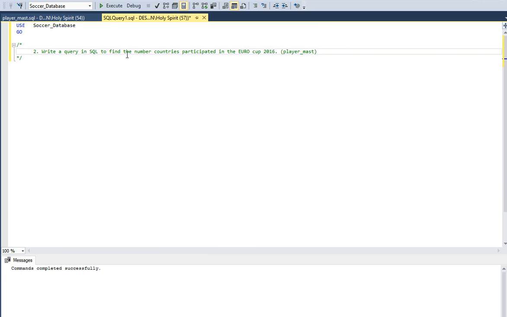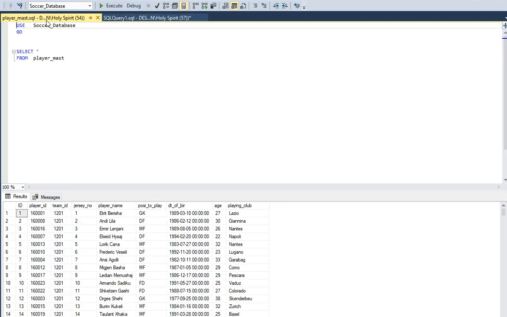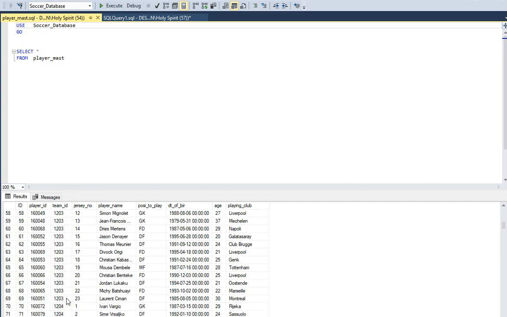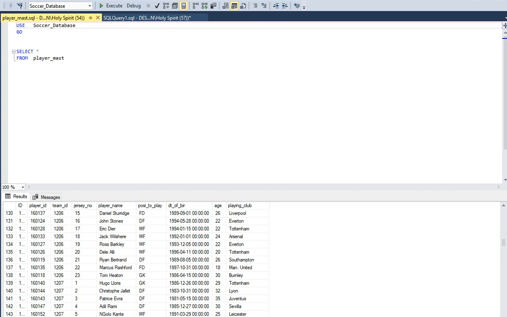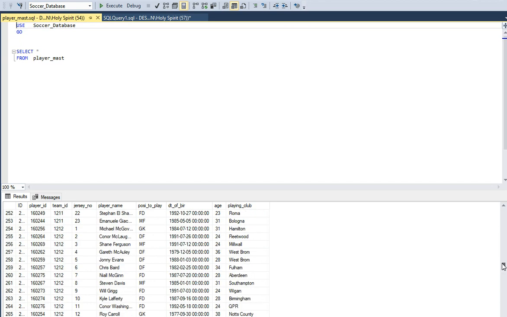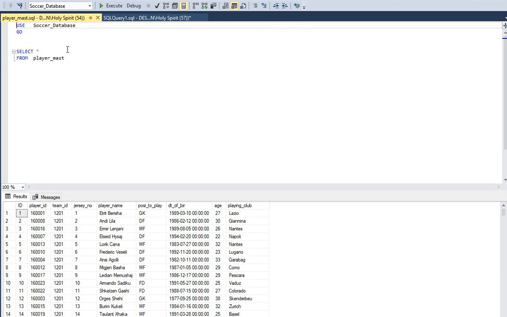Write a query in SQL to find the number of countries participated in the Euro Cup. This is team ID. Whatever the teams that participated, that's what we have to find out.